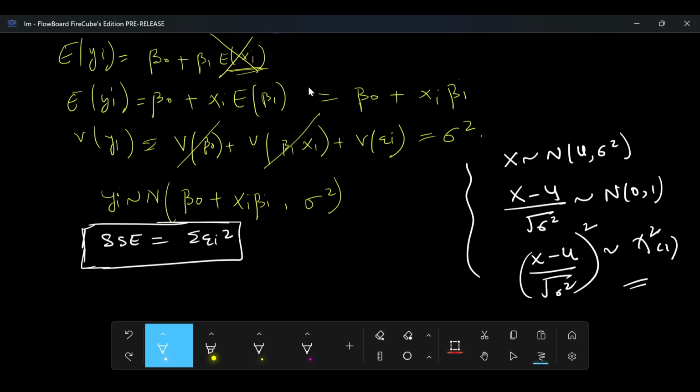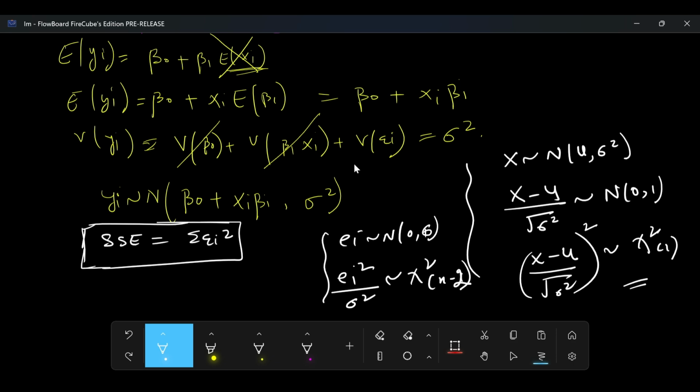Then in place of this, as ei follow normal 0 comma 1, then we have the ei square upon sigma square, this will follow chi square n minus 1 degrees of freedom, sorry n minus 2 degrees of freedom, because there are two restrictions. Clear.